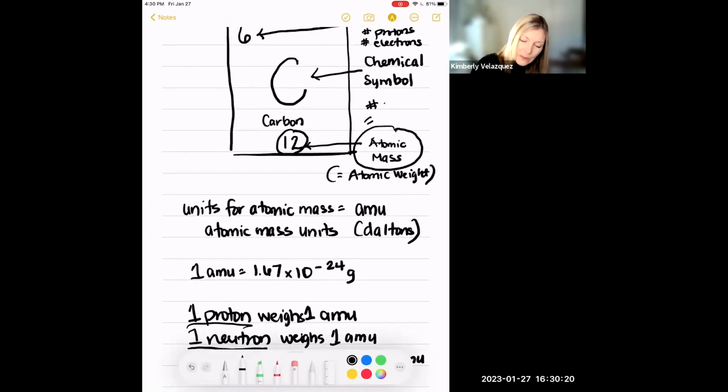So atomic mass equals number of protons plus the number of neutrons. So that 12 is telling us that we actually have 12 protons and neutrons combined. We know we have 6 protons, so that means we must have 6 neutrons in carbon also.